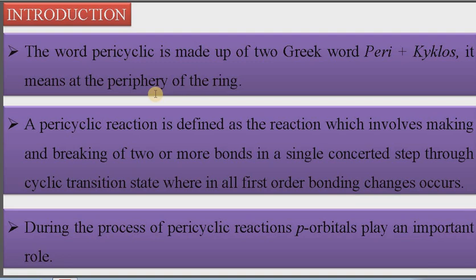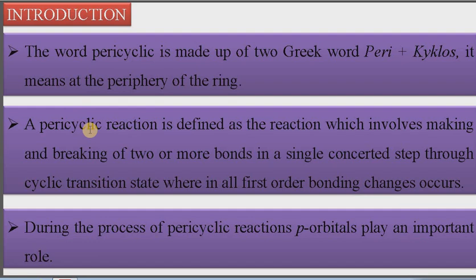Means the shifting of electrons from reactant step to product step takes place at the periphery of the cycle. So it is a word that is made up of two words. Peri means periphery plus cyclos means cycle or ring.